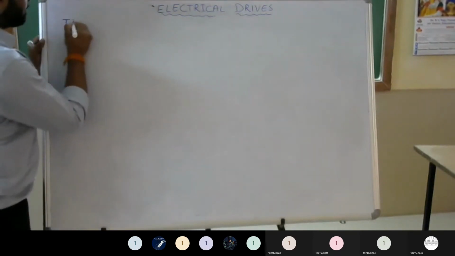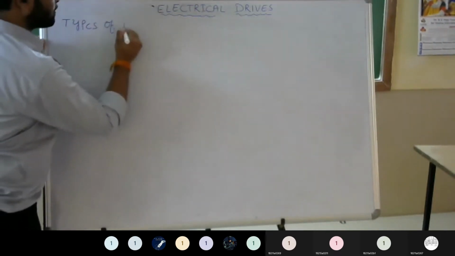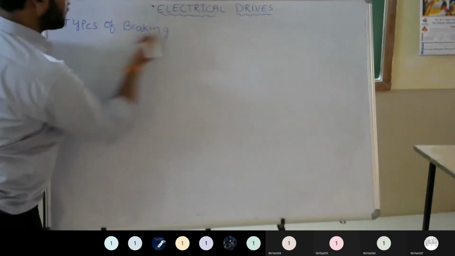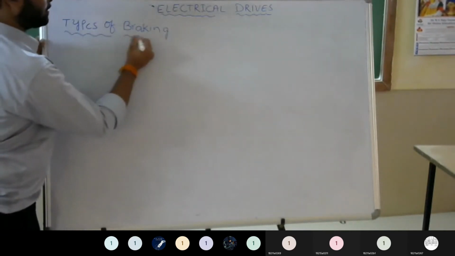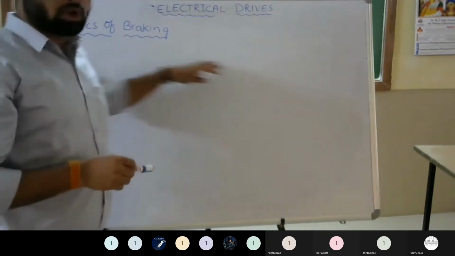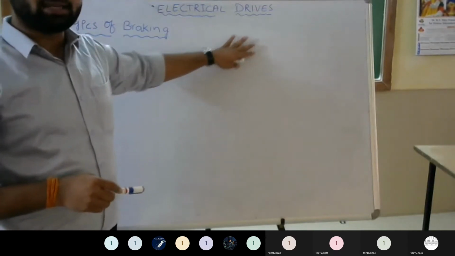Types of braking. When the motor is running, it is necessary to stop the motor also. That's why we have to provide some braking torque.